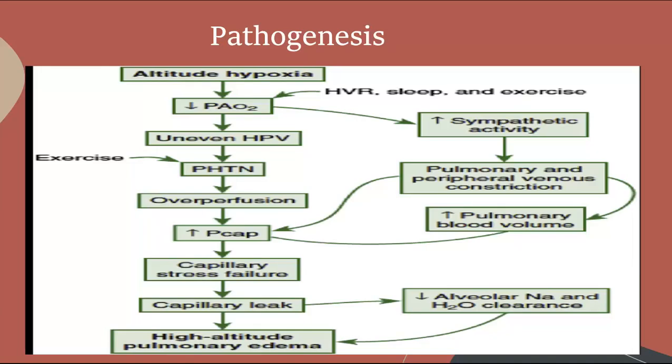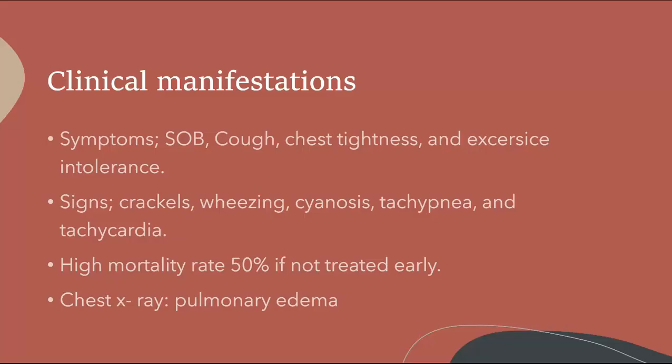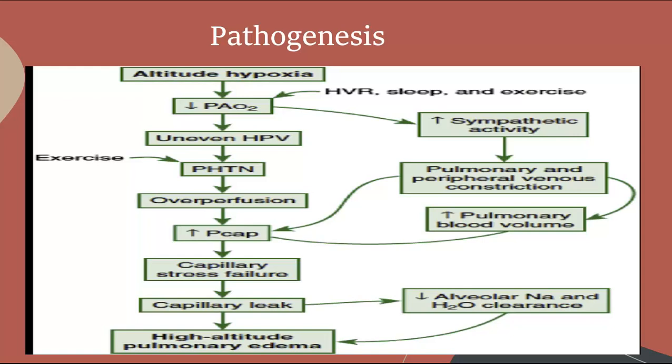Pathogenesis, as you know, whenever anyone is at high altitude, you have low oxygen, and the hypoxia causes pulmonary artery vasoconstriction, and this is going to increase the pressure in the capillaries, causing more fluid to move to the alveoli and causing pulmonary edema. And also sympathetic activity is one of the elements that can be part of this mechanism for high altitude pulmonary edema.